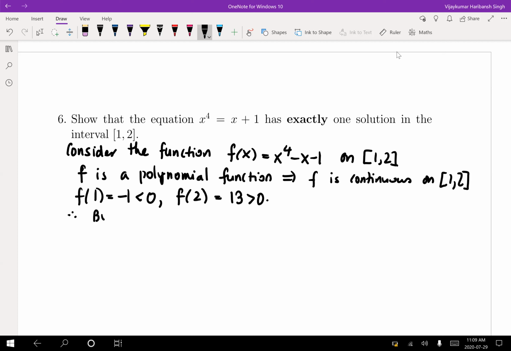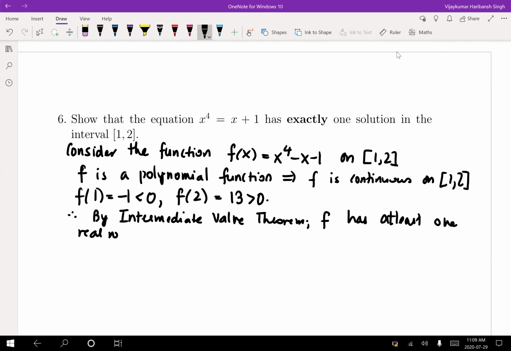By intermediate value theorem, f has at least one real root. Yeah, at least means it could have many, right?